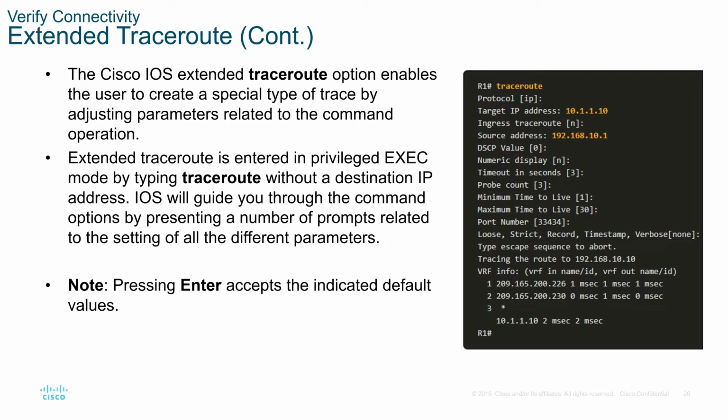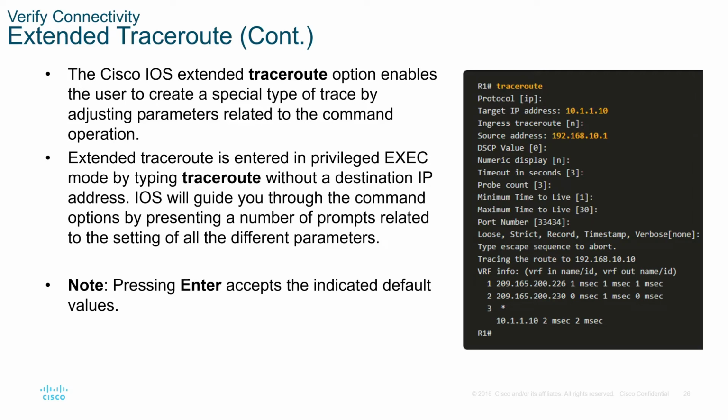The Cisco IOS extended traceroute option enables the user to create a special type of trace by adjusting multiple parameters related to the command operation. As we can see in the diagram, we can give it the type of protocol, target IP address, as well as the source address. We can also give it a maximum time to live and a minimum time to live.